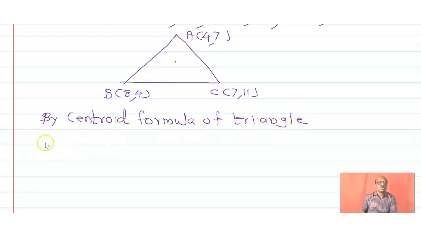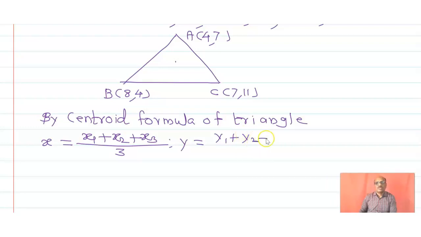x is equal to x1 plus x2 plus x3 upon 3, y is equal to y1 plus y2 plus y3, and this divided by 3.